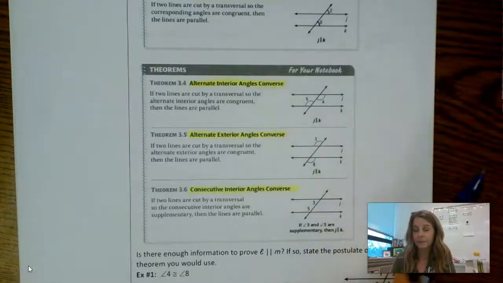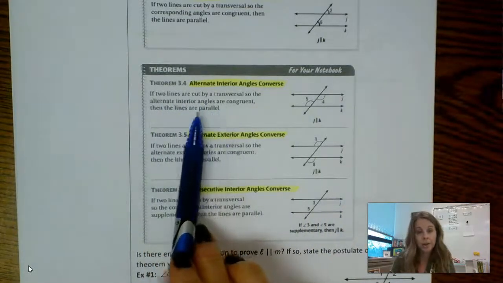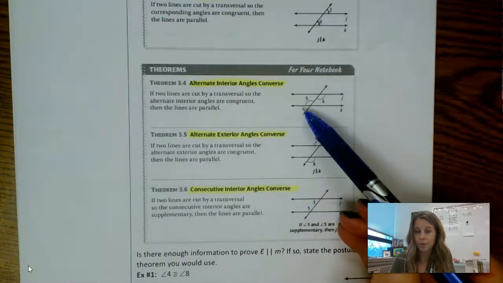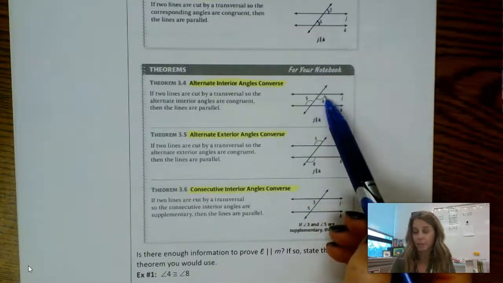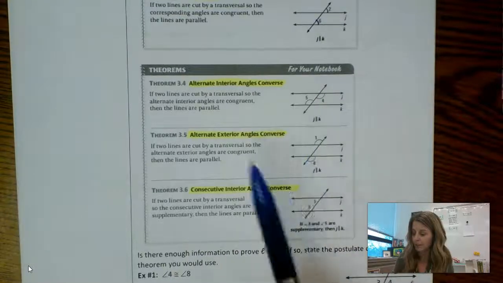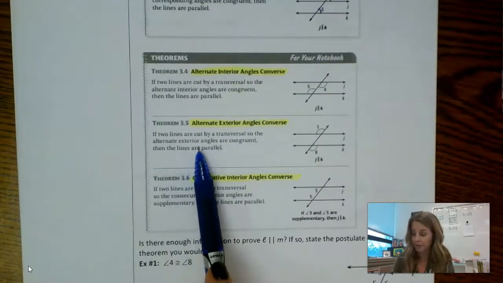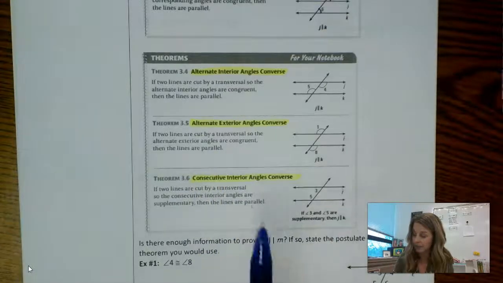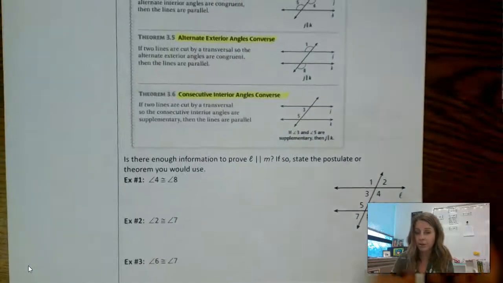Alternate interior angles converse, if I summarize here: if alternate interior angles are congruent, then lines are parallel. Notice your diagram is giving you a pair of alternate interior angles that are shown congruent with the arcs, so the lines are parallel. In the next one, alternate exterior angles, if they're congruent, then lines are parallel. And then remember, on consecutive interior, the angles are not congruent.